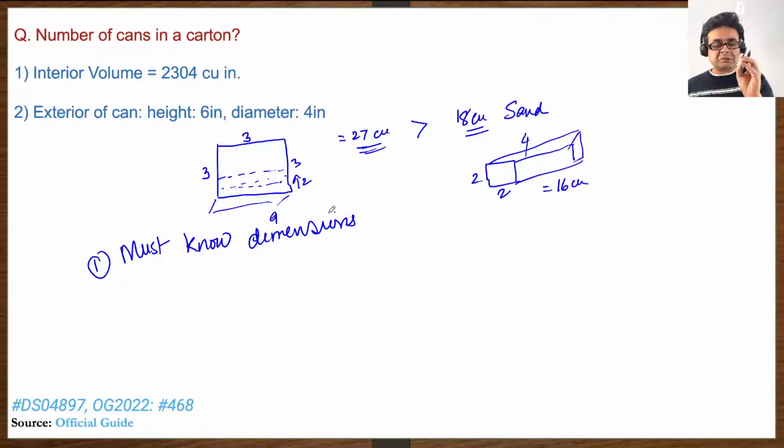Now here is another layer of difficulty that GMAT introduces in questions like this. Currently we are assuming that this carton had no thickness. Let's assume that this carton had a little bit of thickness to it, right? Let's call it 0.5 in one way.